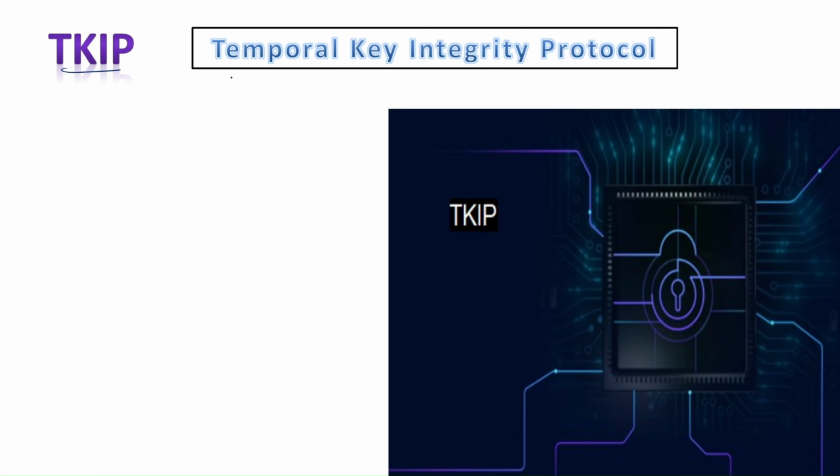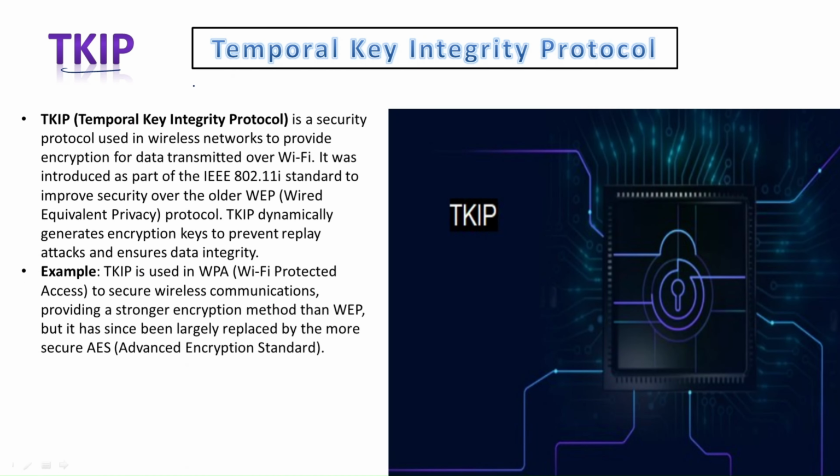TKIP, that is Temporal Key Integrity Protocol. So TKIP, Temporal Key Integrity Protocol, is a security protocol used in wireless networks to provide encryption for data transmitted over Wi-Fi. It was introduced as part of the IEEE 802.11i standard to improve security over the older WEP, which is Wired Equivalent Privacy.